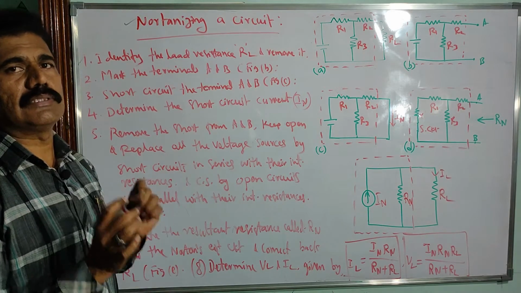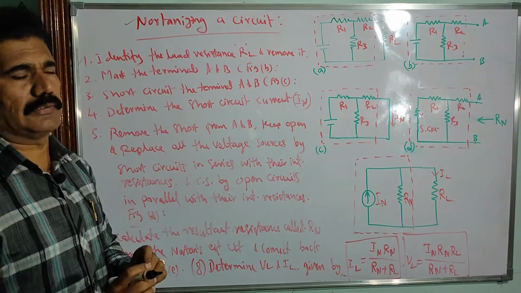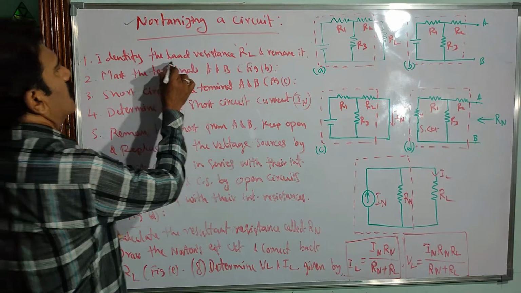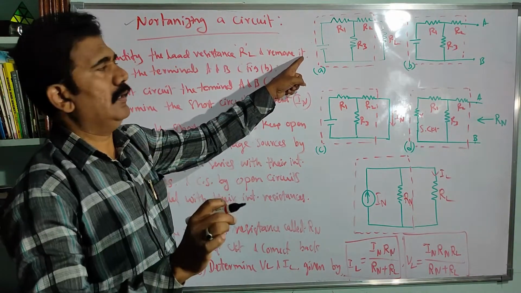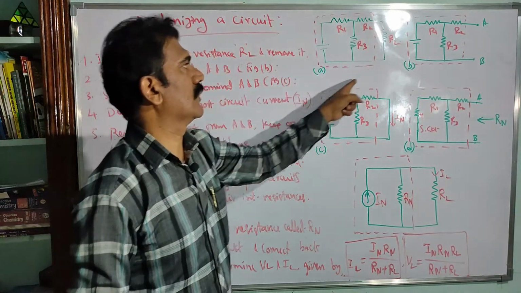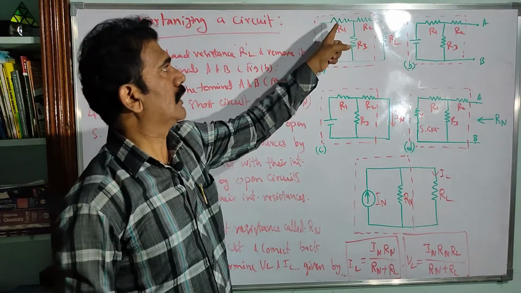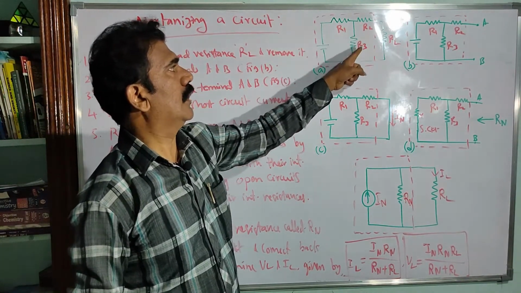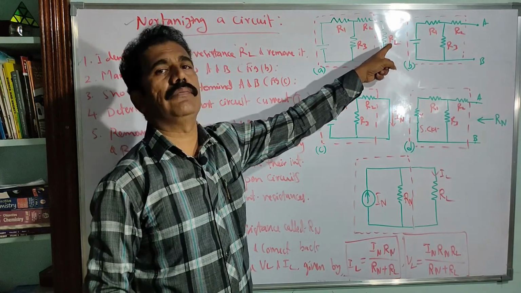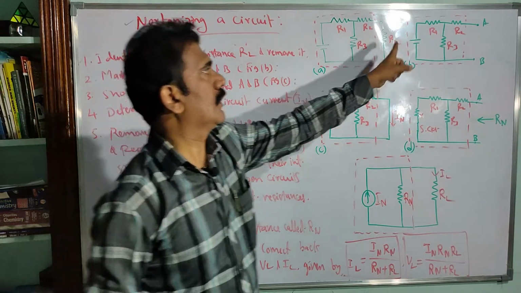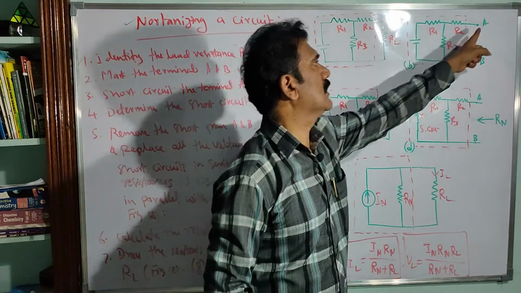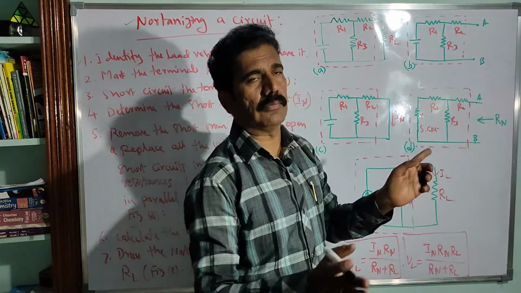Identify the load resistor RL and remove it. In this first circuit, the complicated network consists of R1, R2, R3, and this is identified as RL. This RL must be removed so that terminals A and B now act as open terminals.